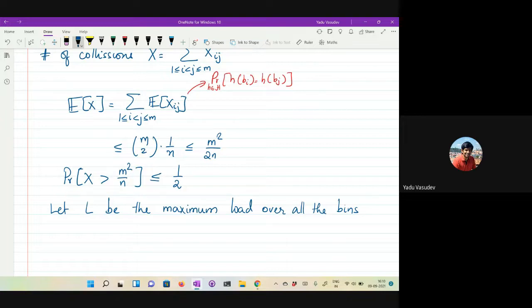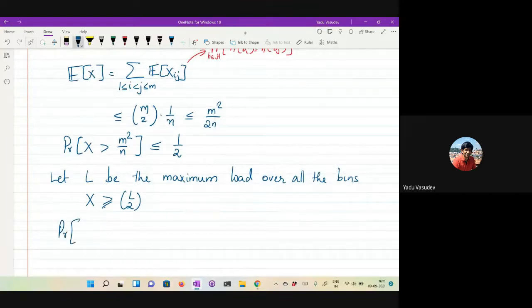Then you know that x, the number of collisions, must be at least L choose 2, because the maximum load is the number of balls in one bin. So what you can say is that the probability that L choose 2 is at least m square over n is at most half.